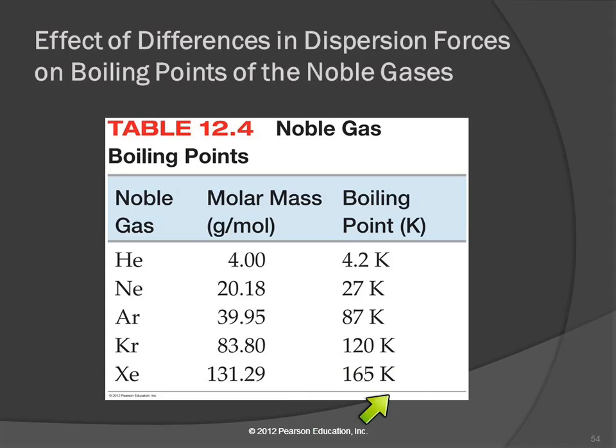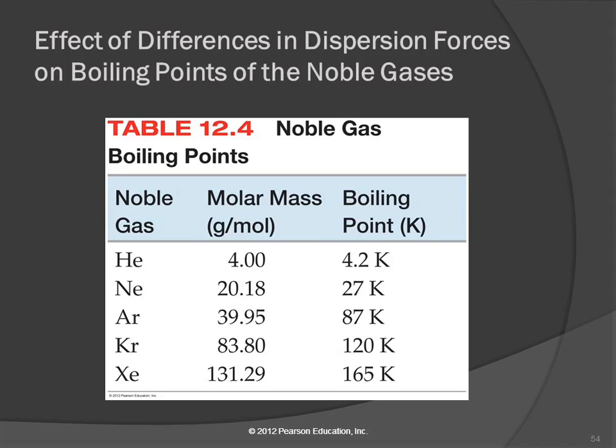This higher boiling point indicates that the strength of the attractions between the atoms is larger. Xenon has a larger molar mass. The atoms are larger. They're more easily polarized. And so these dispersion forces are stronger. Helium is very small, very, very weak dispersion forces.